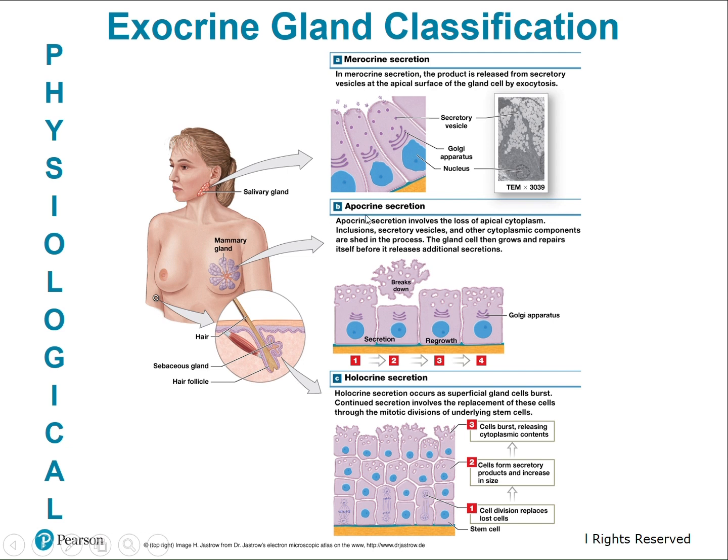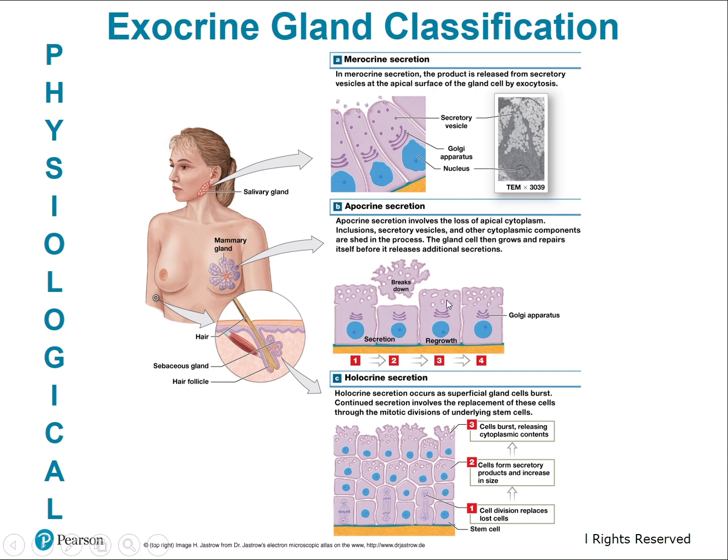Apocrine secretion is not going to use exocytosis. You are going to have the cells creating the substance itself, and then the cell is going to grow, and it's going to shed off part of its cytoplasm, part of the whole cell. So literally part of the cell breaks off, and that releases the contents into that duct.